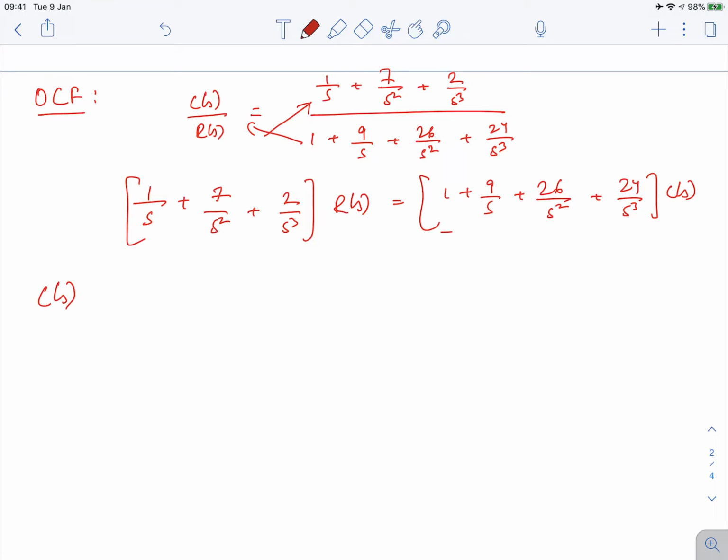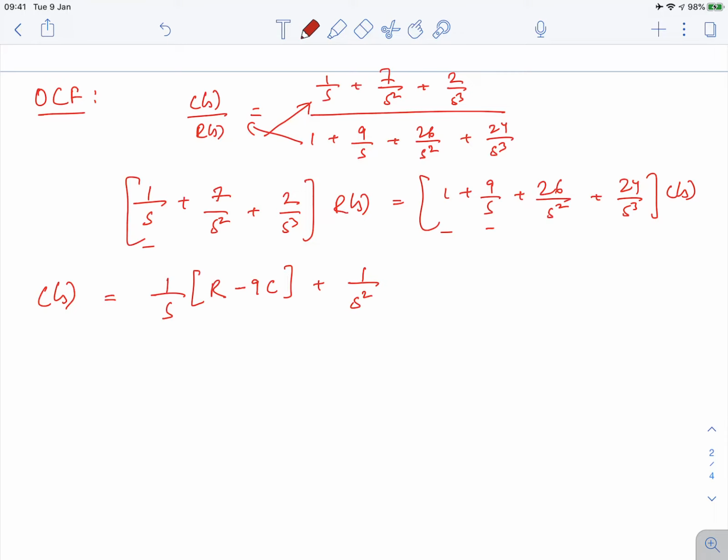So this is c of s because we have 1, and I will write 1 over s as the common factor. From the left hand side I have r, and from the right hand side I have 9c. So if I take this 9c onto the left hand side, I would get r minus 9 times c.